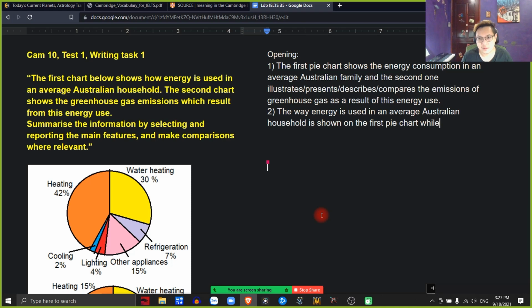Trong khi while, and then greenhouse gas emissions, which result. I can use contraction of the relative clause, resulting. Rút gọn mệnh đề quan hệ which result thành resulting, resulting from this energy use.